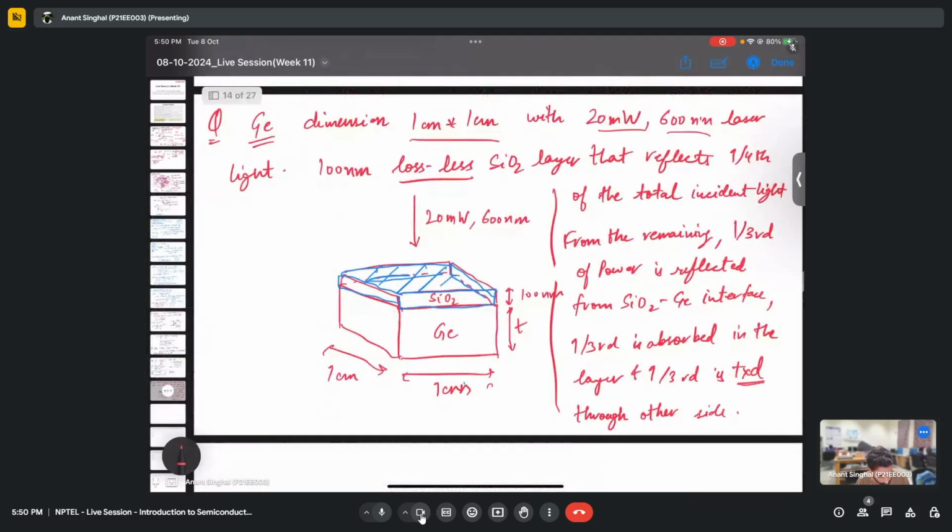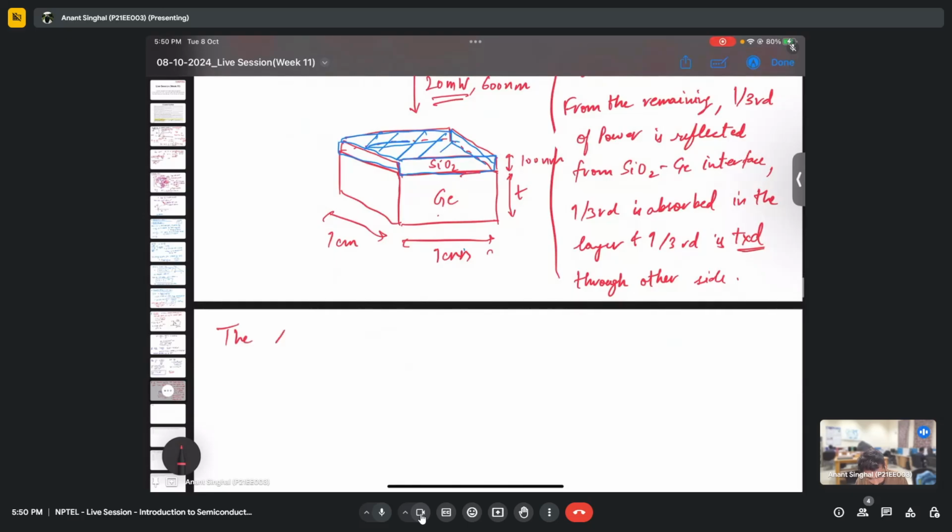So we have a germanium SiO2 interface, and we have two different materials which are 1 centimeter cross 1 centimeter. We have incident 20 milliwatt, 600 nanometer light. This SiO2 reflects one fourth of the total incident light. From the remaining, one third is reflected from this interface, one third is absorbed by this germanium, and one third is coming out through this other side.